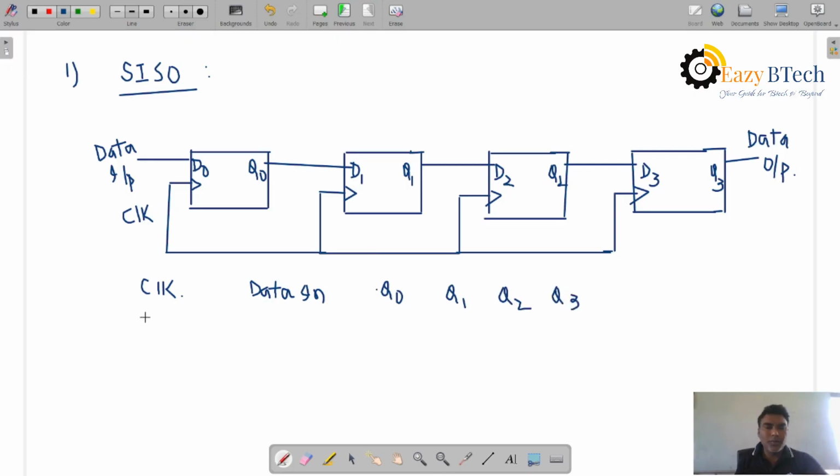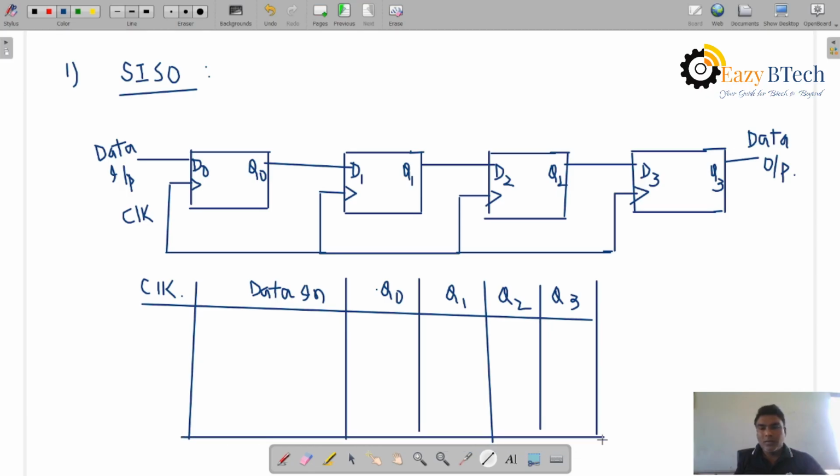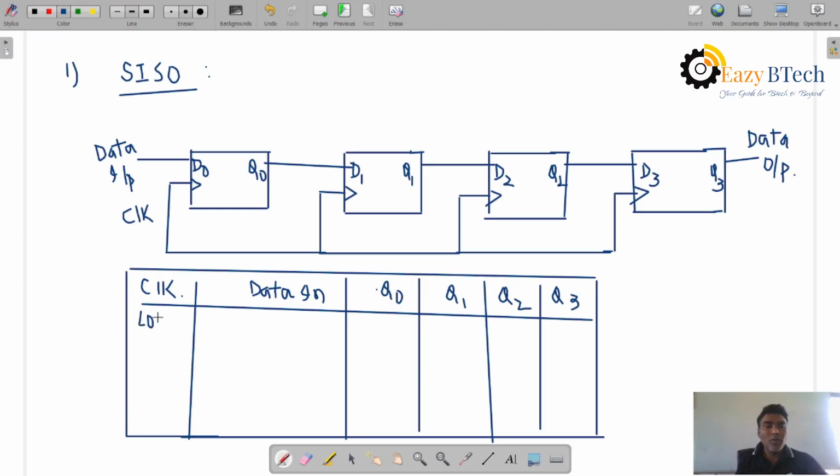So this is an example where the data is applied. When the clock is low, data is equal to 1, so there is no data shifting.